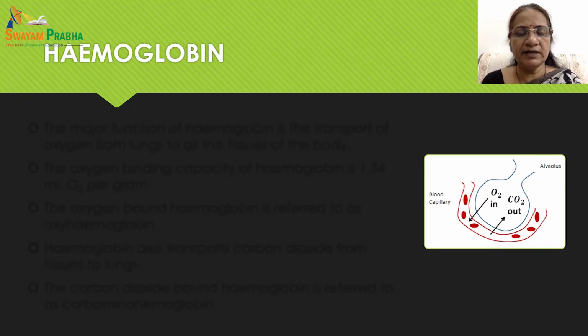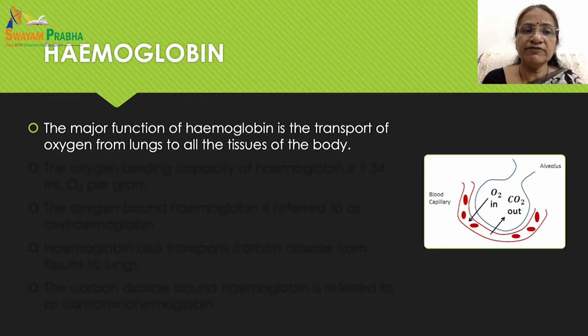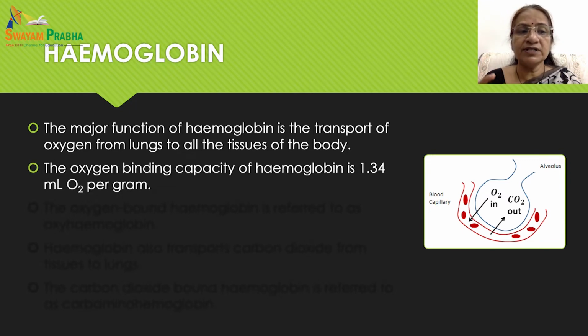Now let us study hemoglobin. The major function of hemoglobin is the transport of oxygen from lungs to all the tissues of the body. The oxygen binding capacity of hemoglobin is 1.34 ml oxygen per gram.